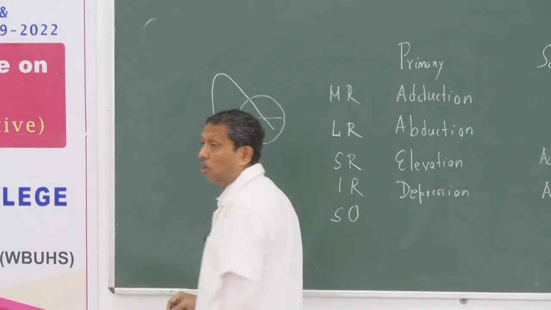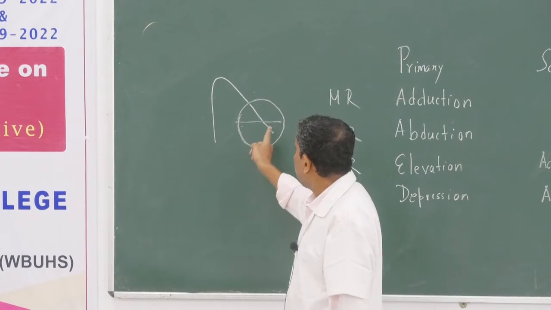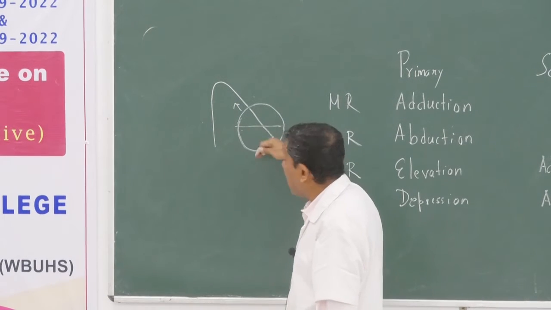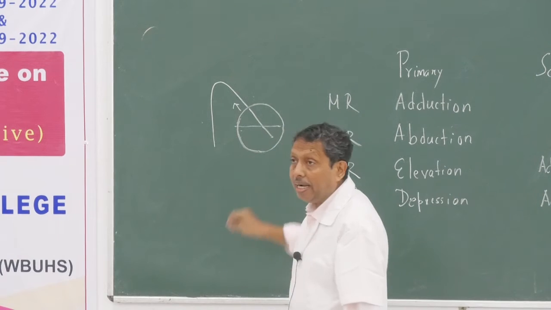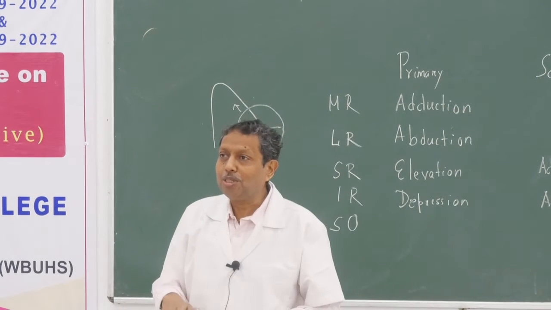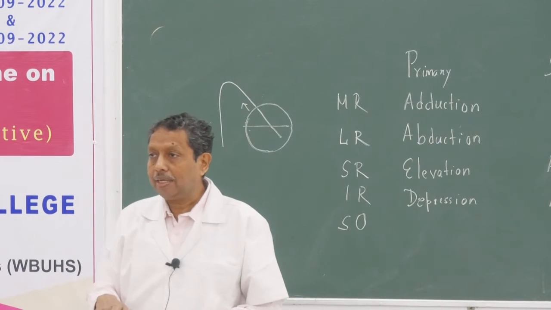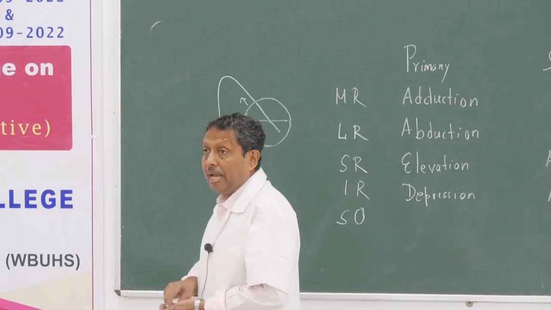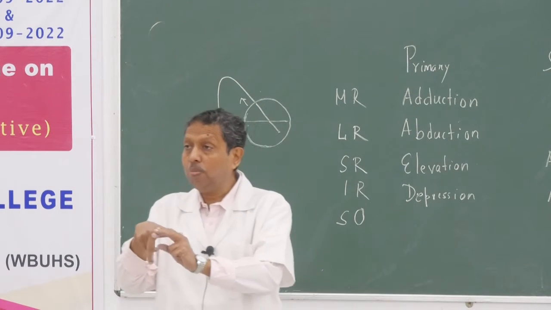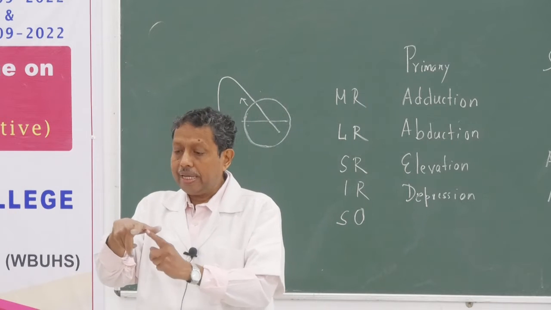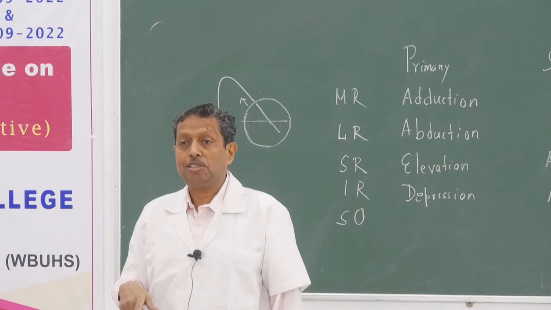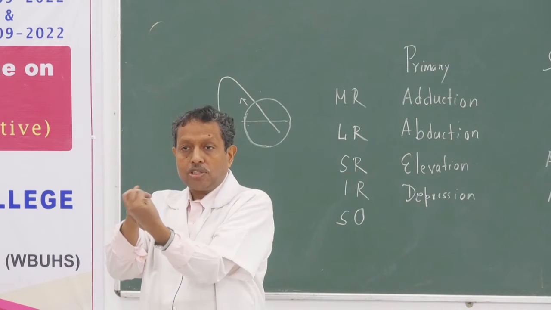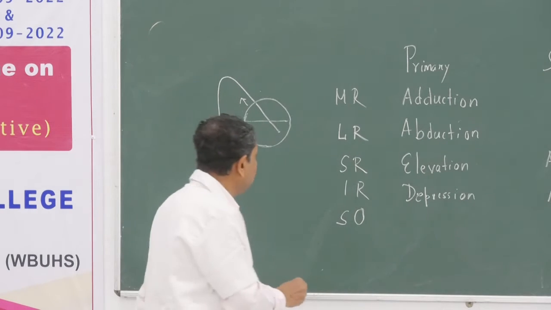It is acting in this way, and the insertion is behind the equator. Clear? And when it pushes from the lateral to medial side, that movement is intorsion in the anterior-posterior axis. Intorsion towards the nose. It is the internal rotation. Primary movement is intorsion.